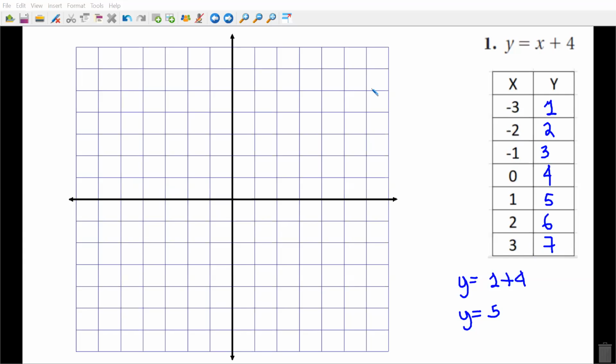Now, guys, what I'm going to do is start graphing these points, okay? I am going to call this point A: -3, 1. It goes here, right? Next point is going to be -2, 2. It goes here.